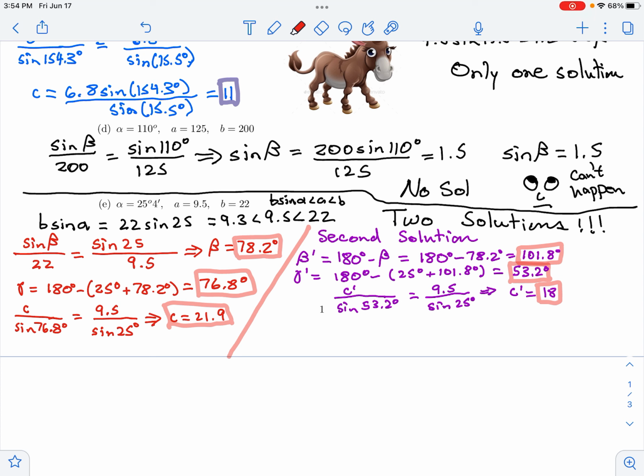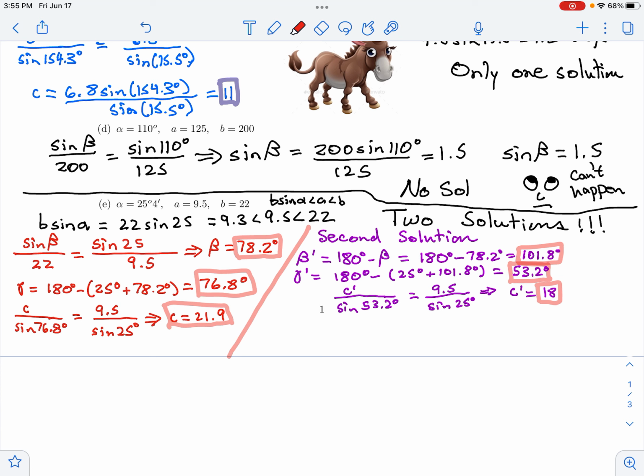We solve the first possible triangle from the given angle alpha, the side 9.5, and b is 22. We don't care which one we start with, we just go about solving it. So I've got sine beta over 22 equals sine 25 over 9.5, and I get beta is 78.2.